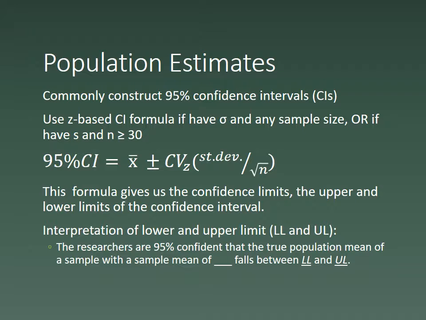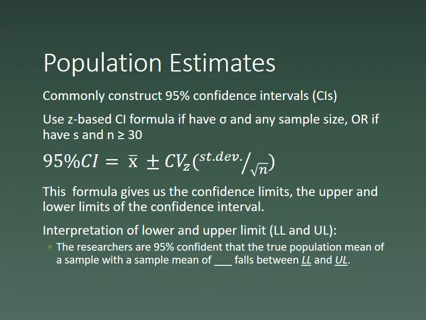We're going to use the z-based confidence interval formula if we have the population standard deviation and any sample size, or if we have a sample standard deviation and a sample size greater than or equal to 30.